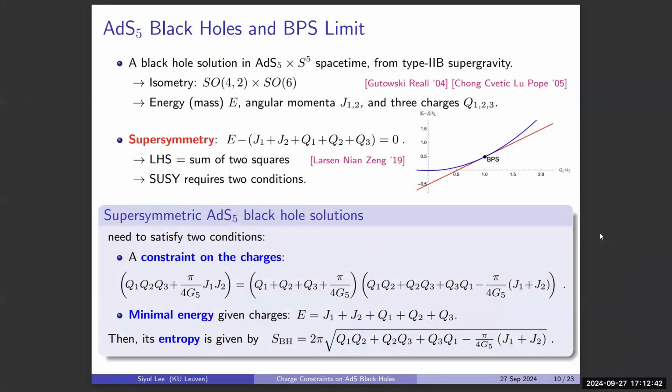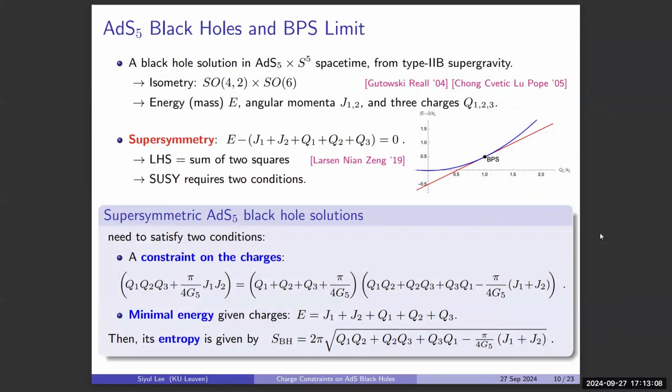When writing down solutions, you use 4 parameters, and all solutions are written in terms of them. But there are 5 charges, Q1 to Q3 and J1, J2. So if you calculate Q and J in terms of the parameters, since there are only 4 parameters, there will be 1 relation between them, and this is the relation.